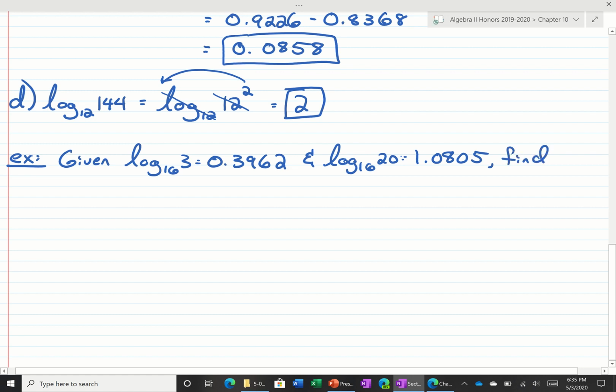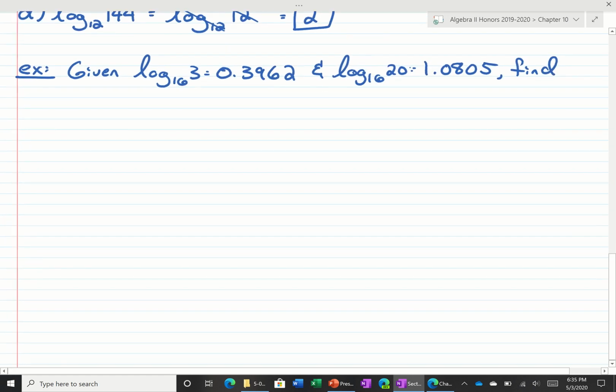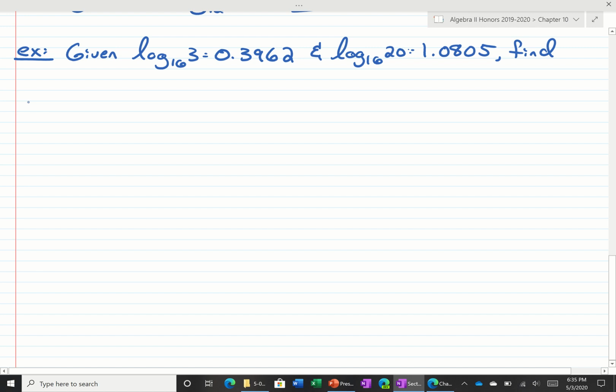Find, I'll give you 4 more, log base 16 of 5 over 64. This one's a little bit harder. You have to think about how you can get 5 over 64 from 16, 3, and 20.